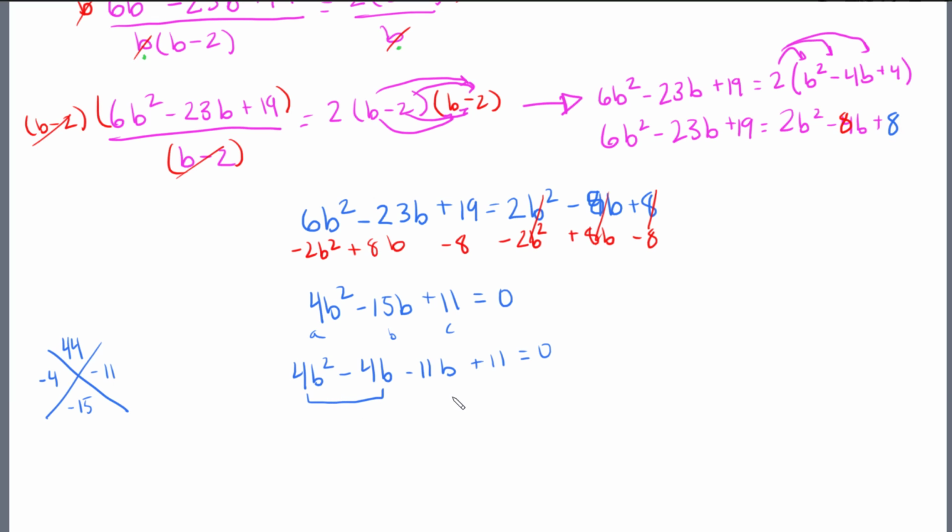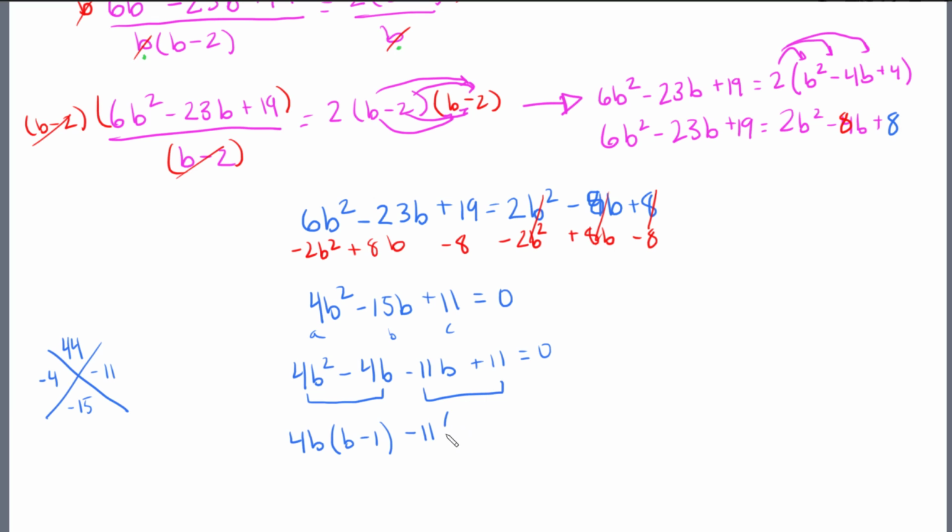Looking at these first two, I can take out a 4b. That leaves me with a b minus 1. On the next one, I could take out a minus 11. Now, why would I want to take out minus 11 and not plus 11?